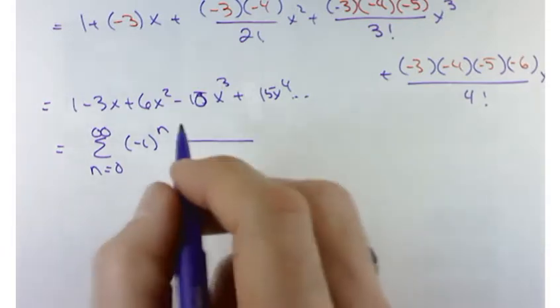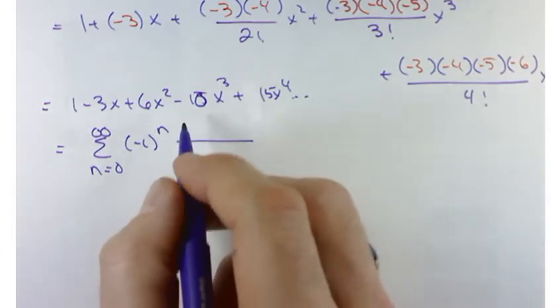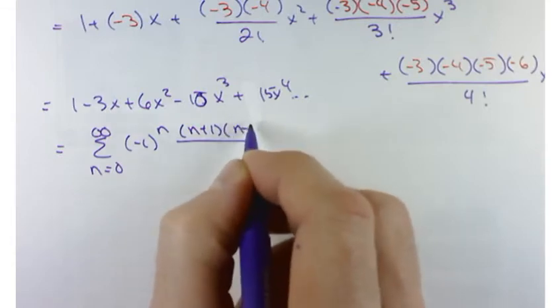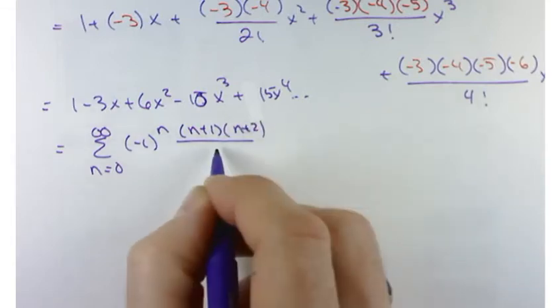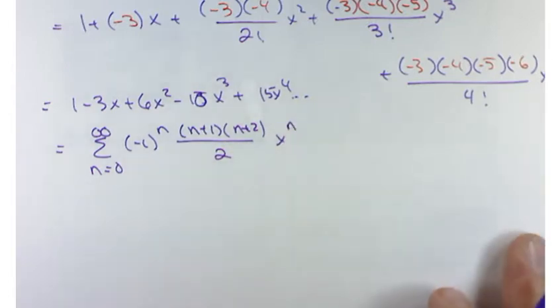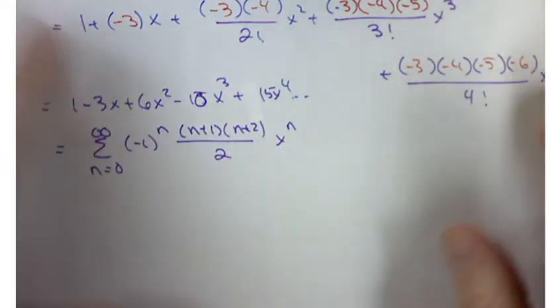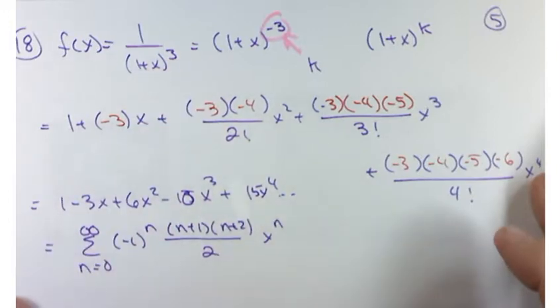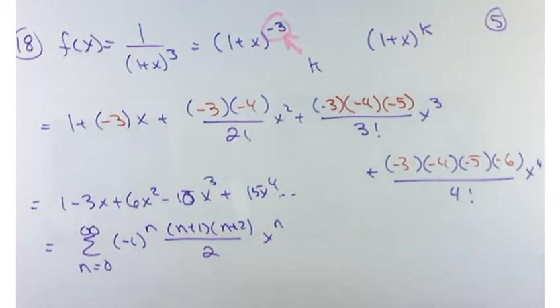In any case, we can actually summarize these things as n plus 1 times n plus 2 over 2 times x to the n. Now this gets a little bit more involved if you have a non-integer exponent, but it's still doable.